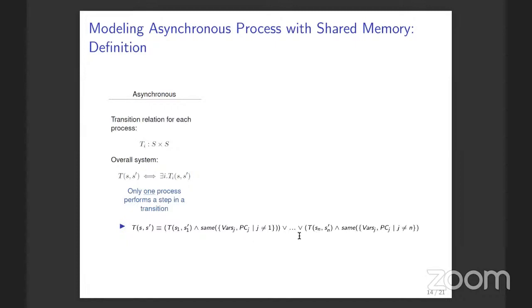So this captures that I can choose arbitrarily any one of these components to schedule. Okay, with this constraint that if you choose a particular component to march ahead, then you will have to keep the local components, the local part of the state of all the other components, the same.